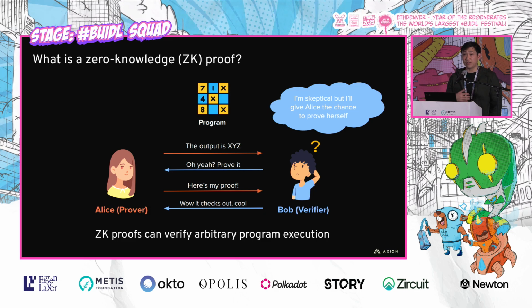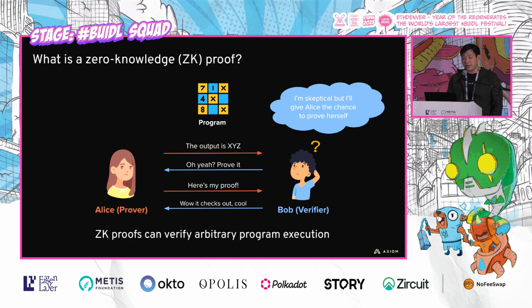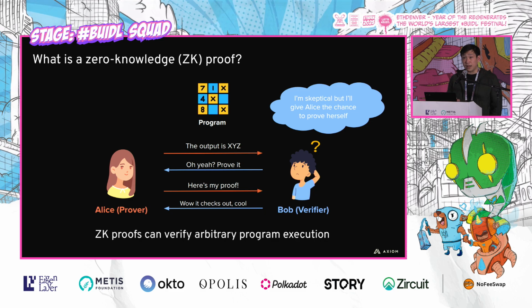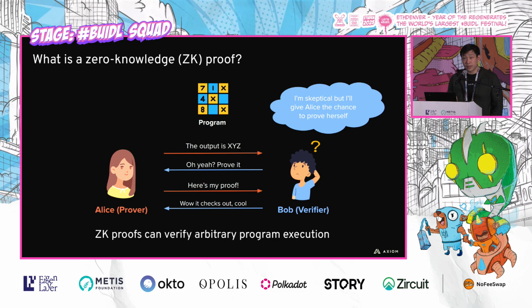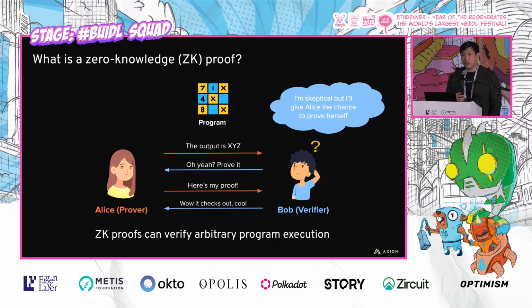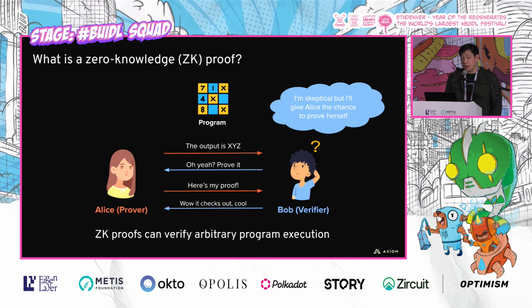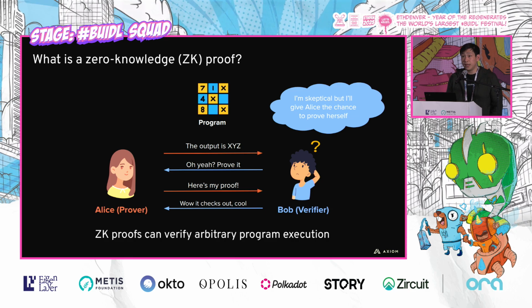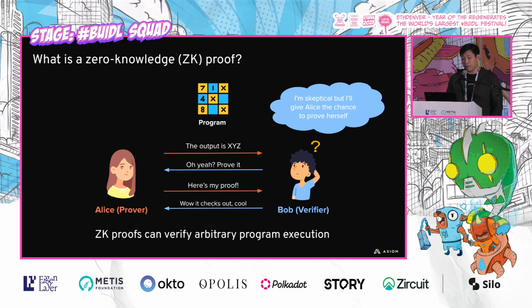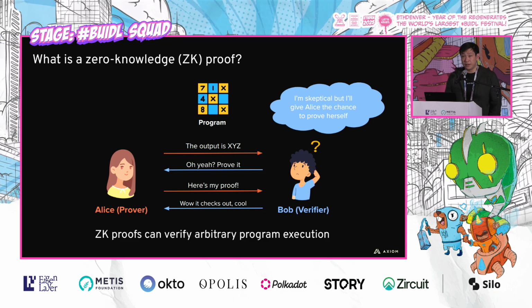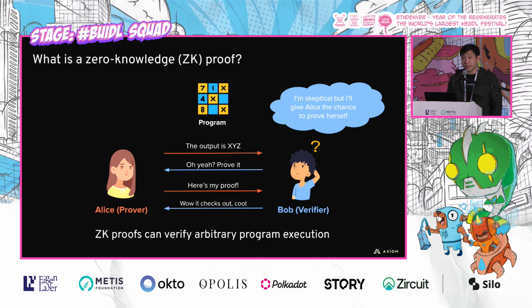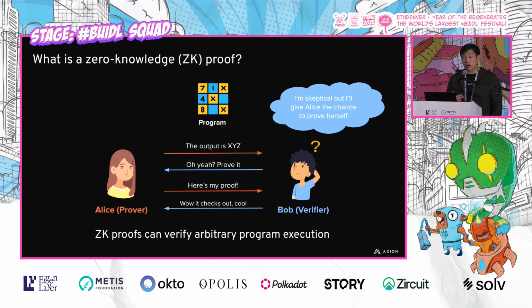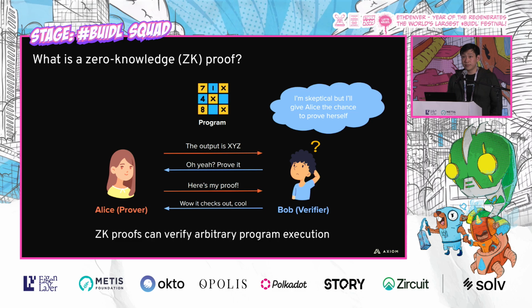So Bob doesn't trust Alice, and Bob will ask Alice to provide some cryptographic data, which is called a proof. And the point of zk is that using the proof alone, Bob can verify that Alice actually correctly evaluated the program and gave him the correct output for the program. And one special property of zk is that this can actually work for arbitrary computer programs.